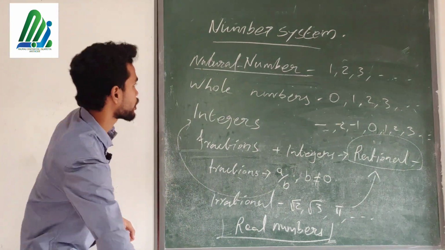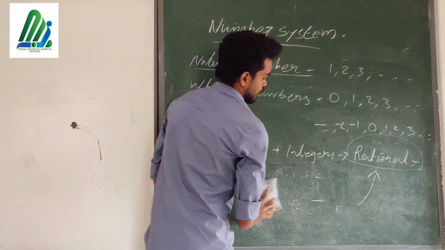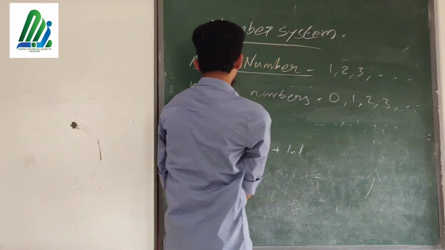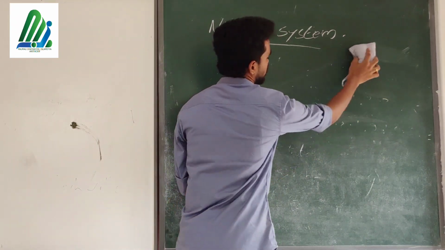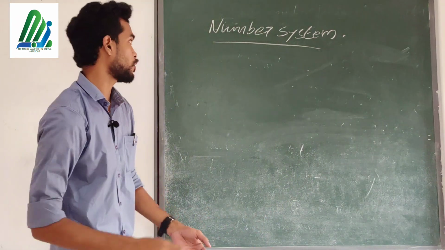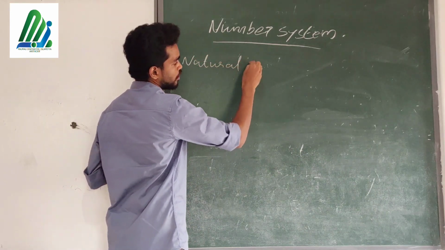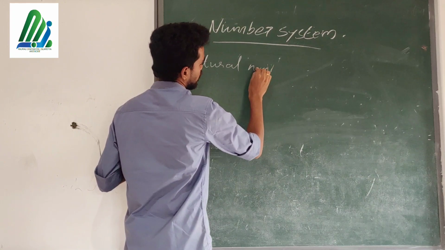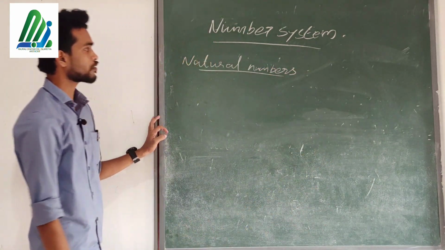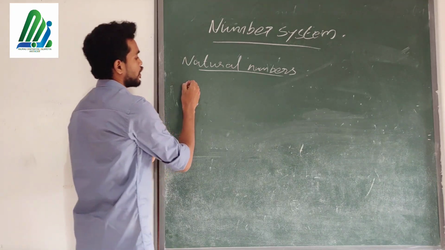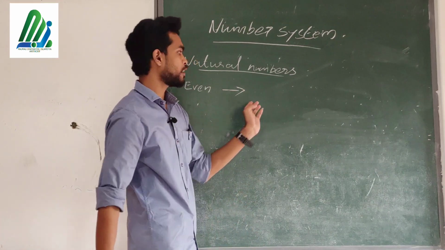And also we can make some patterns by using the number system. That means we can take some numbers from our system, the natural numbers. We get even numbers. What are the even numbers?